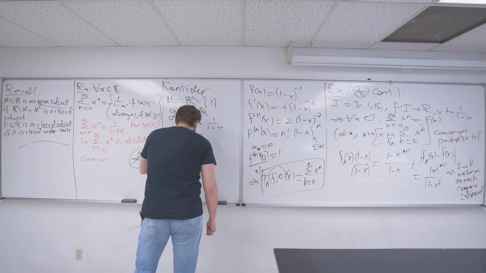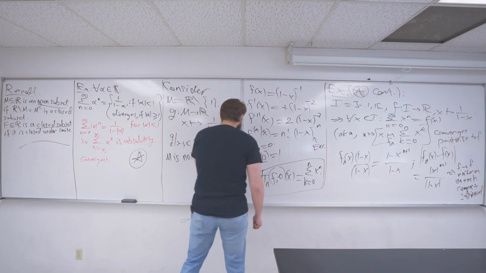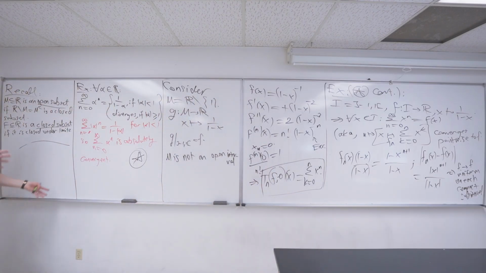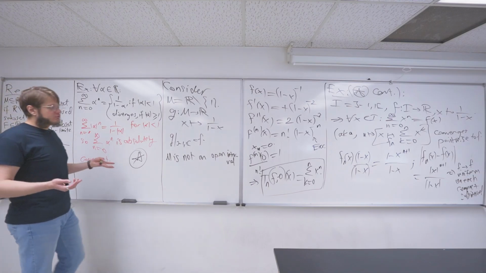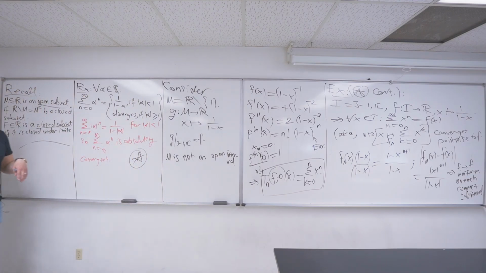And M is not an open interval. But still, it's something like an open interval. It's the union of two open intervals. I had defined this a while ago. We would say M is an open subset.